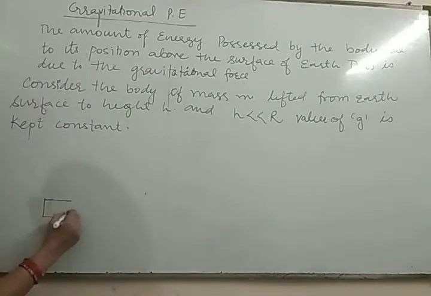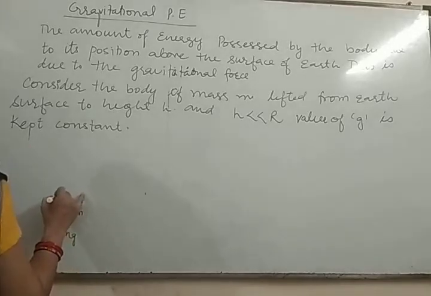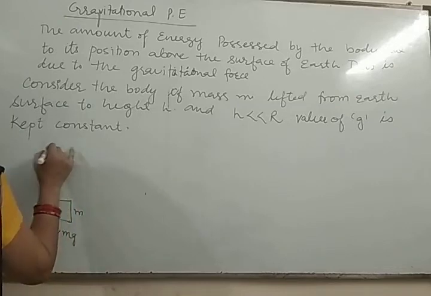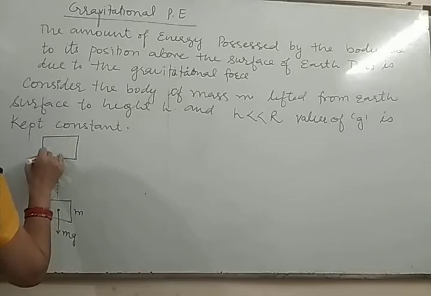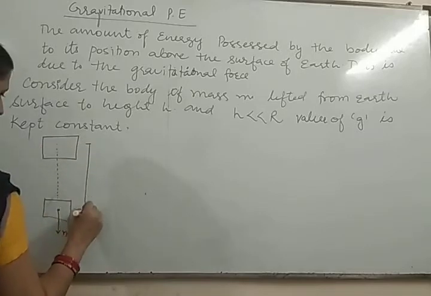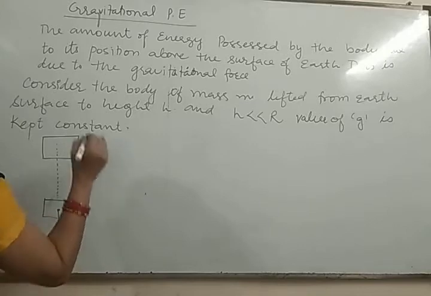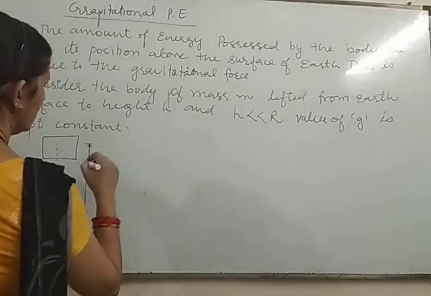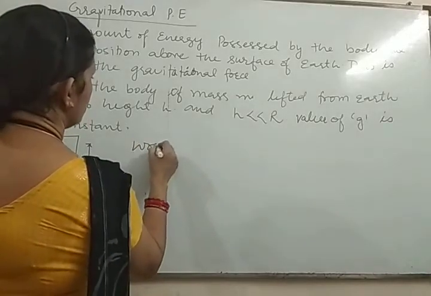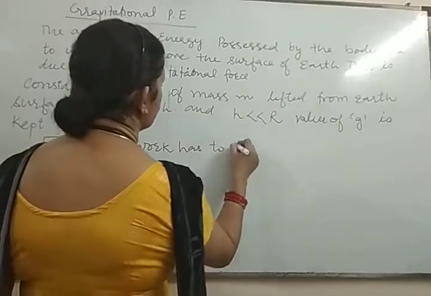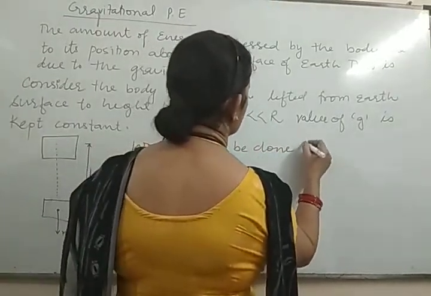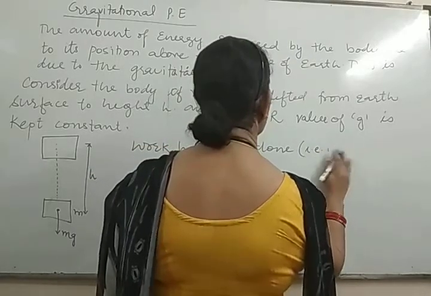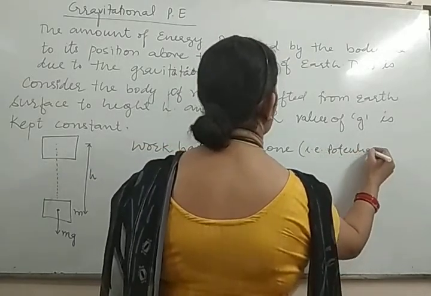This is the body of mass m, whose weight is acting in the downward direction due to the gravity force, and now you are moving this body to some height above the Earth's surface. Here h is the height through which it is moving. The force of gravity is acting on it. Against the force of gravity, some work has to be done, and that work is equivalent to the potential energy.